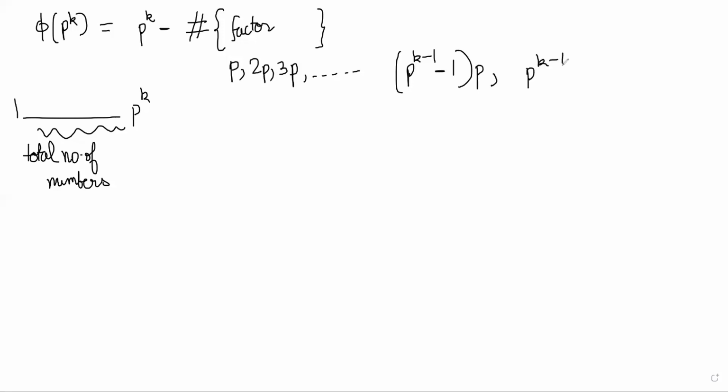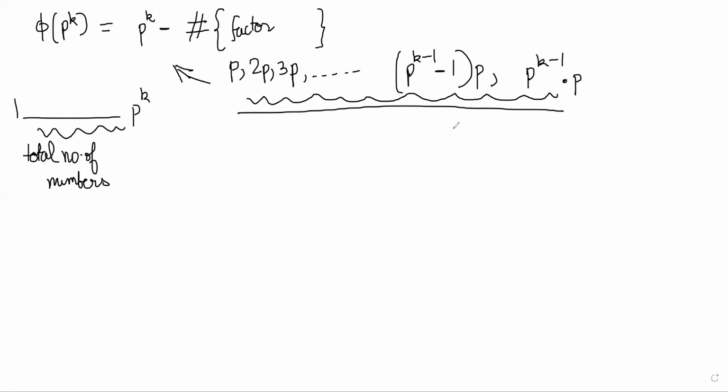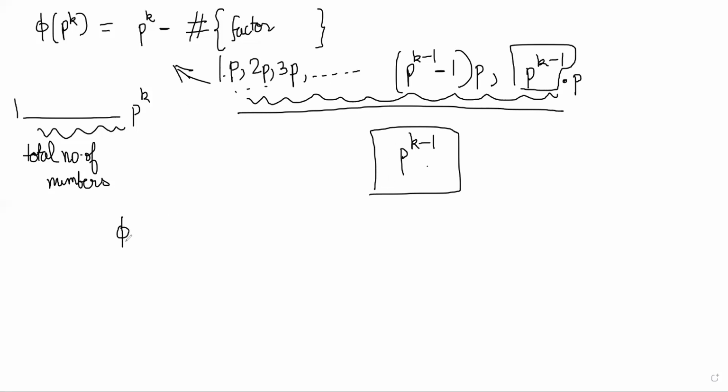The count of these is p power k minus 1. So phi of p power k is coming out to be p power k minus p power k minus 1.